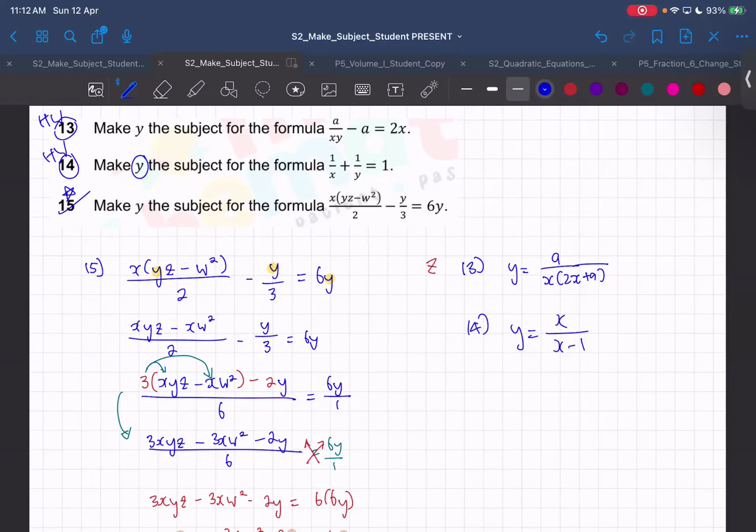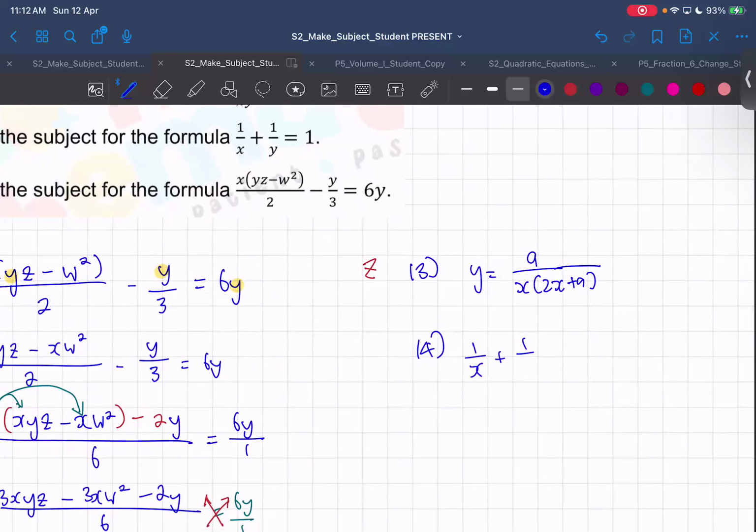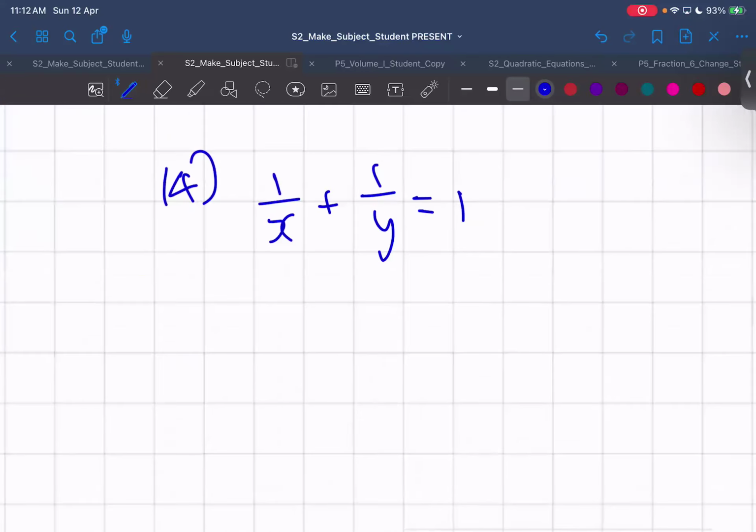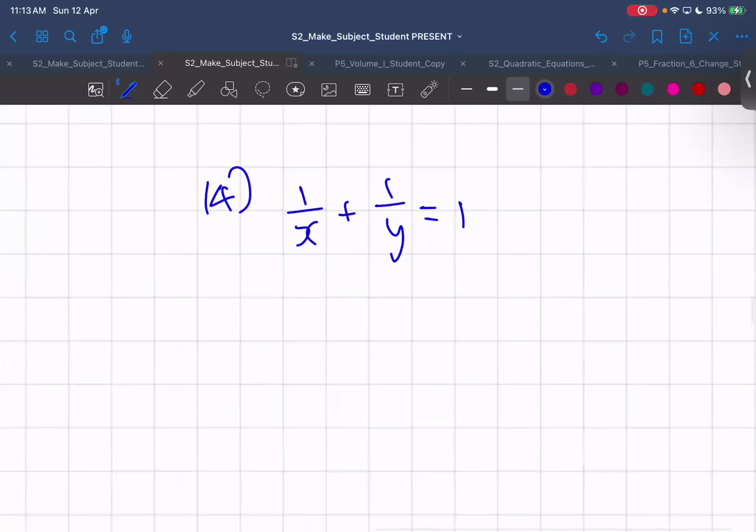So for question 14, you have 1 over x plus 1 over y equals 1. Then Chinmay, you tell me what you got. x minus 1 over x. Okay, so we want to make y the subject. So we isolate y, throw everything to the right side. You get this step?